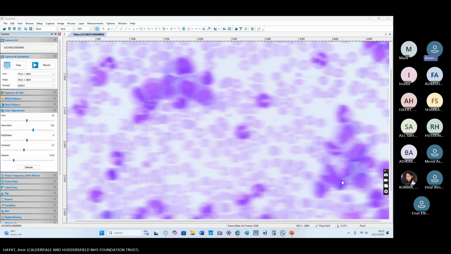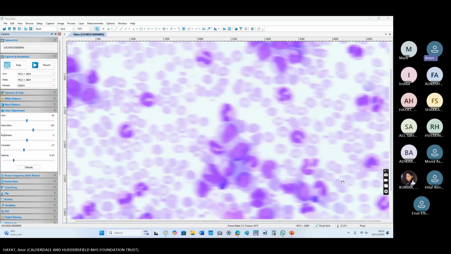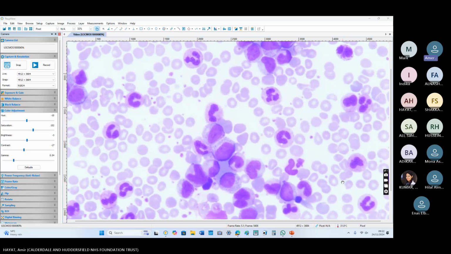So they can ask you in the exam the difference between a CML and a leukemoid picture in the blood film. You have seen the previous blood film whose white cell count was high, and this blood film whose white cell count is high as well.